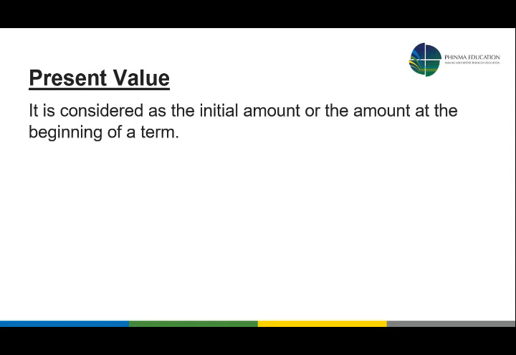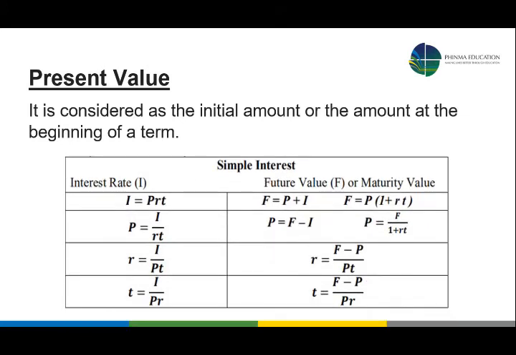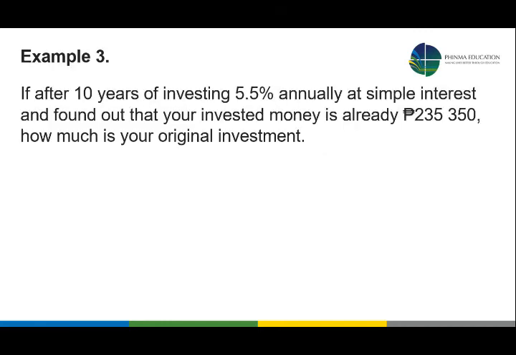So there is a list of formulas you are going to use in simple interest problems. Example 3: if after 10 years of investing at 5.5% annually at simple interest you found out that your invested money is already 235,350 pesos, how much is your original investment?